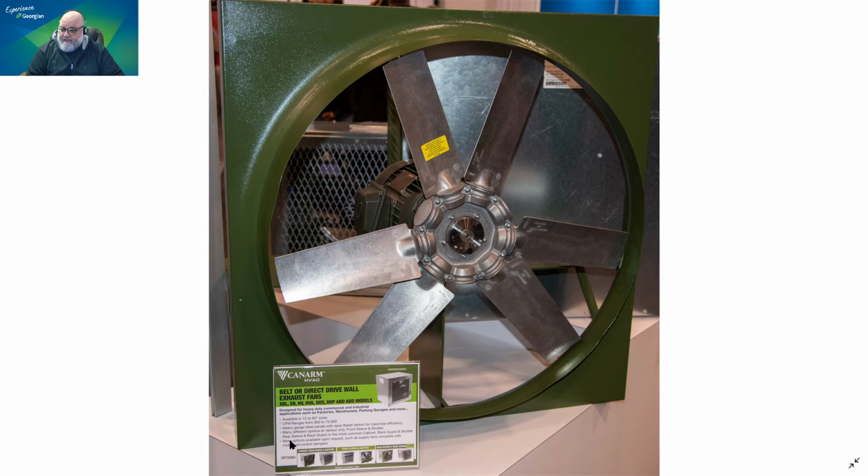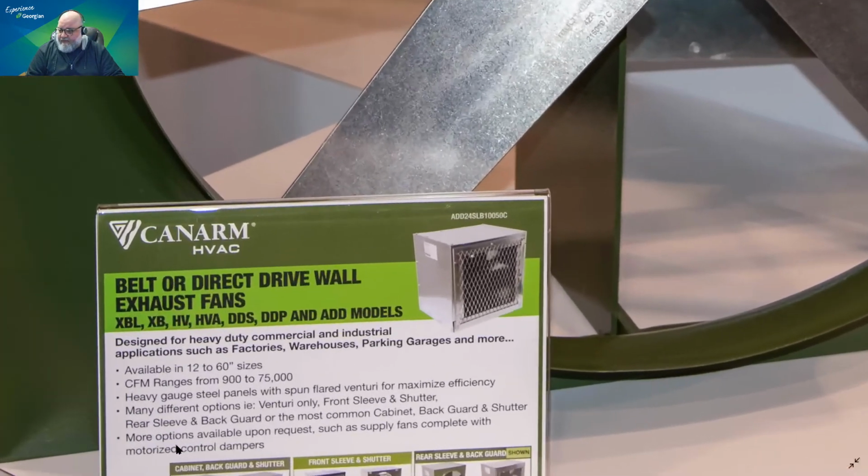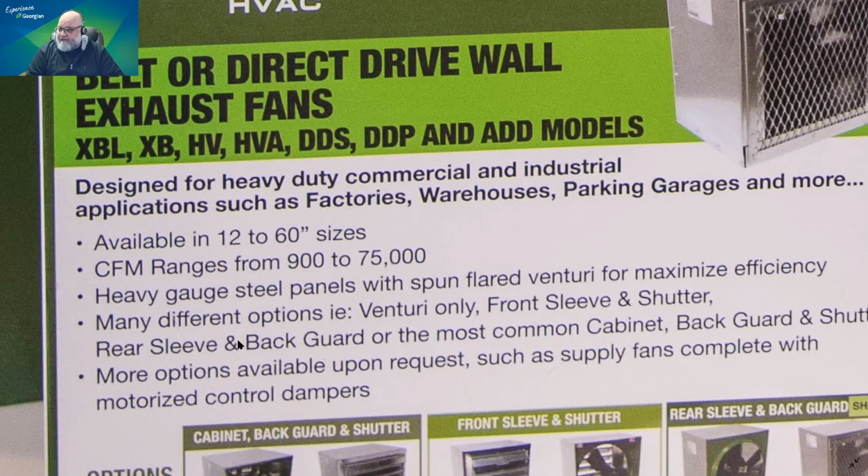So you can see here, for example, if you read a little bit of the details, obviously fans come in different sizes, but look at these CFM ranges. You can apparently move up to 75,000 cubic feet per minute. That is not a joke. I would say that is a huge fan.